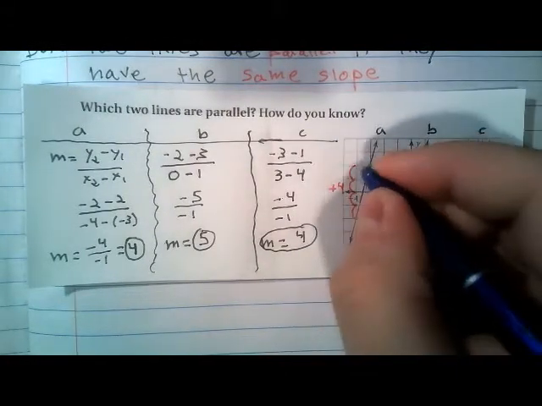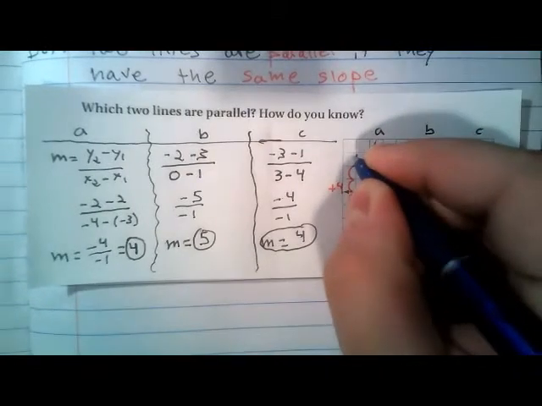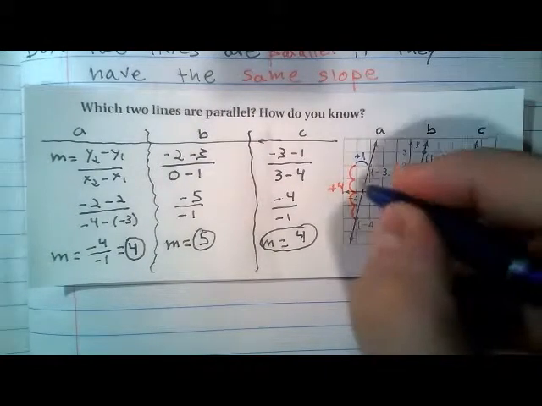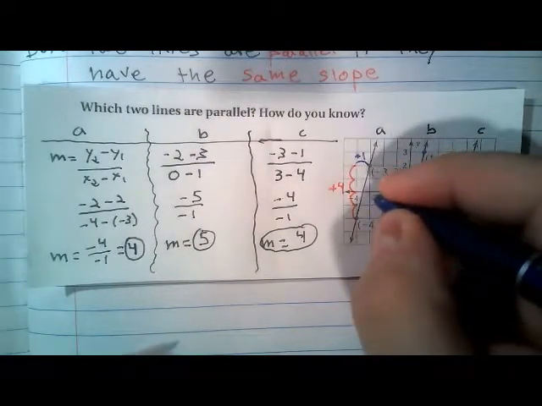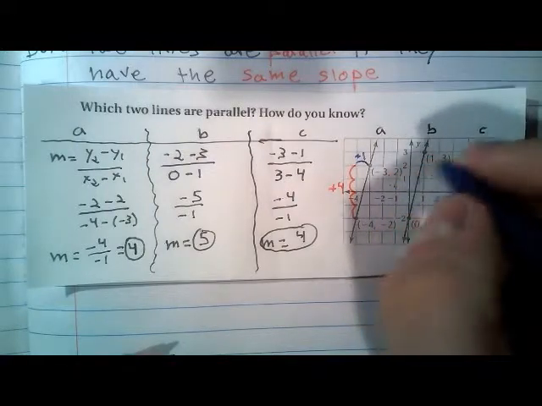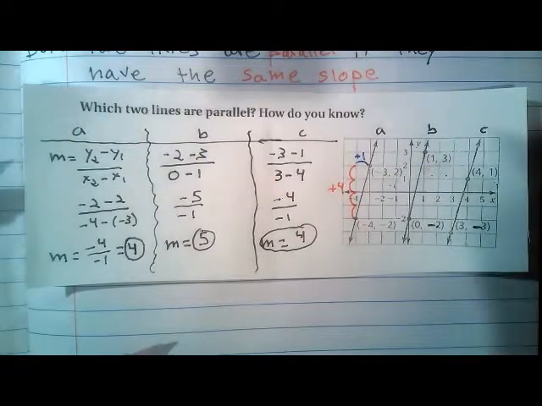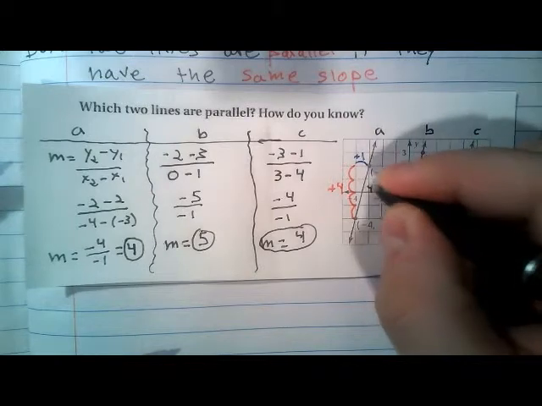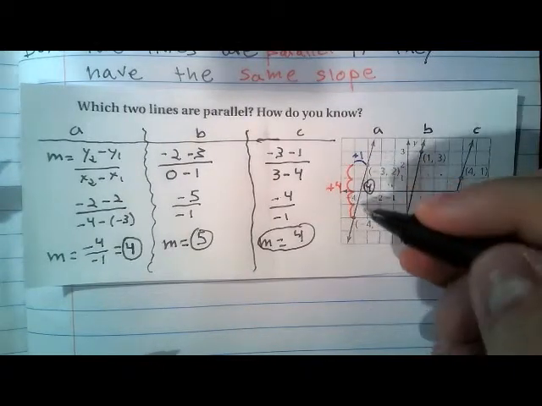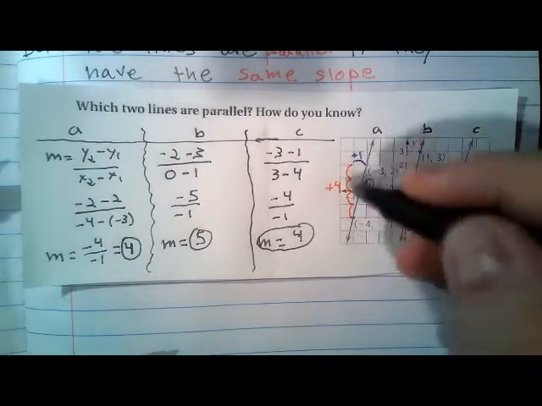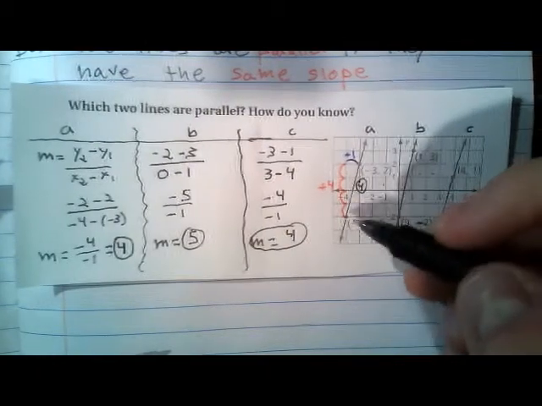And then our run is positive 1. So the slope here is going to be 4 over 1, which is 4. Okay, to the right and up. Both of those are positive movements.